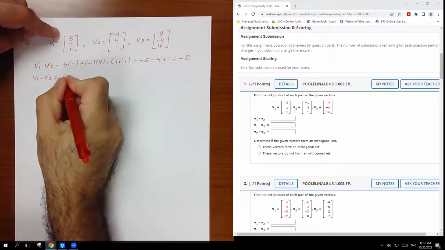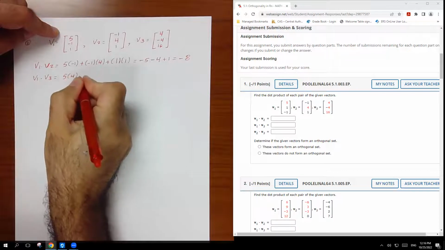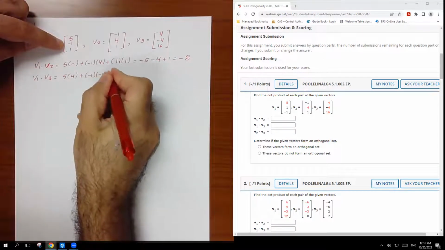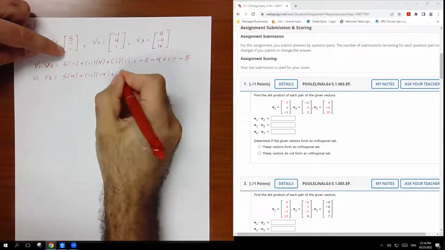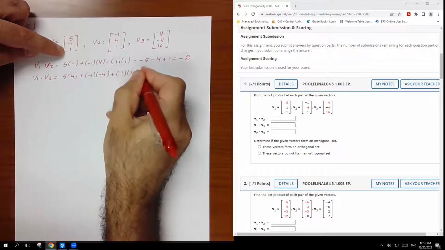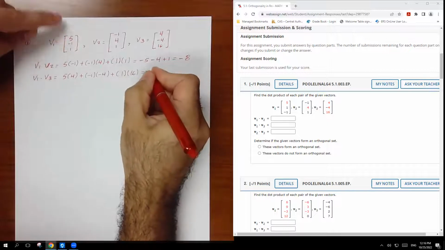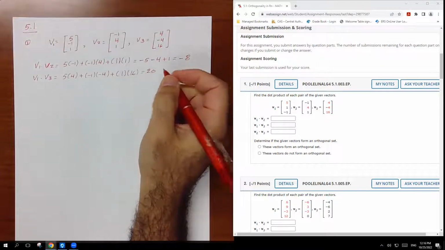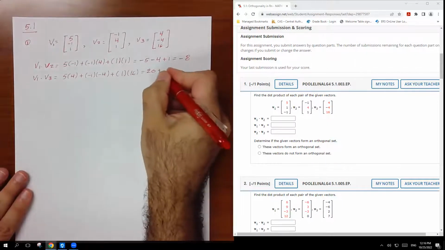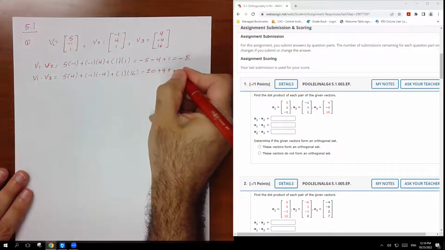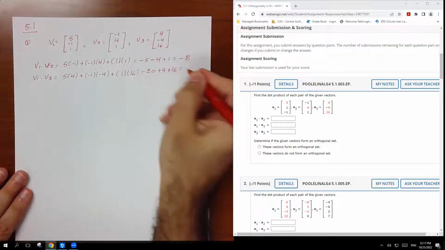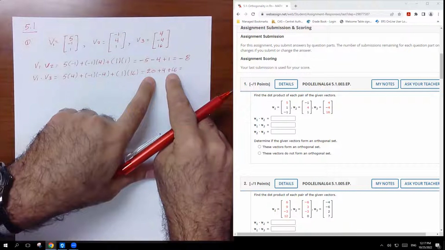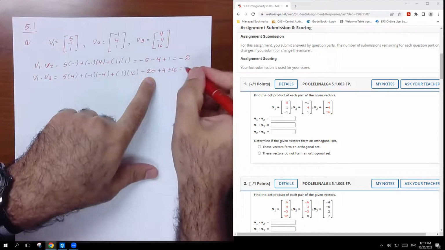So it's going to be 5 times 4 plus -1 times -4 plus 1 times 16, and it's going to be 20 plus 4 plus 16, which is 40.